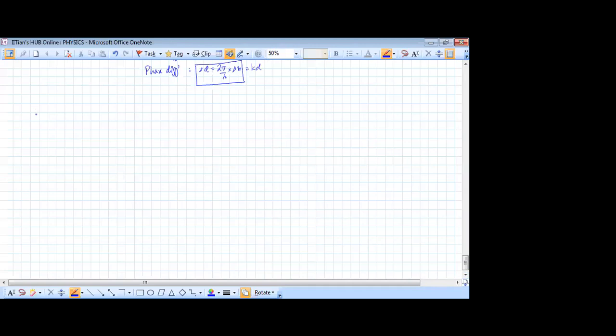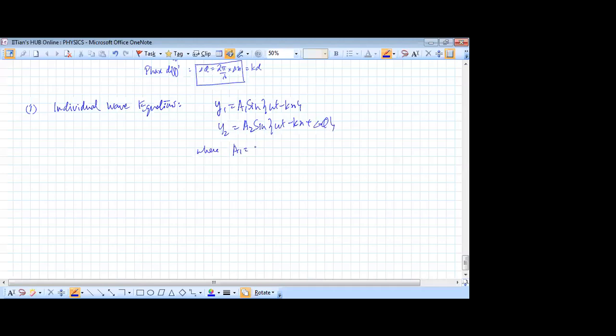Okay. So the individual wave equations created by source S1 and S2: y1 will be equal to a1 sin(omega t minus kx), and y2 is a2 sin(omega t minus kx plus some phase difference), where now I have all these terms. a1 is equal to 1.2 millimeters, a2 is equal to 1.6 millimeters, delta phi is kd.